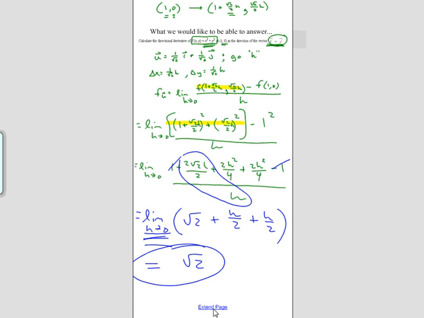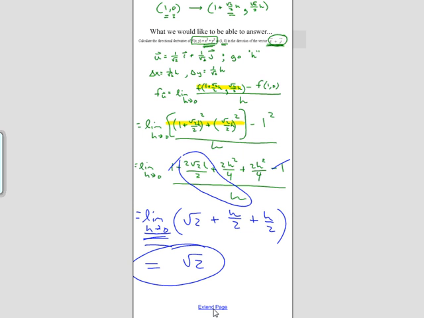So that tells us how my function is changing in the i plus j direction. In other words, we've got a slope of root 2. So essentially a change of root 2 in the z direction with a change of 1 in the i plus j direction.